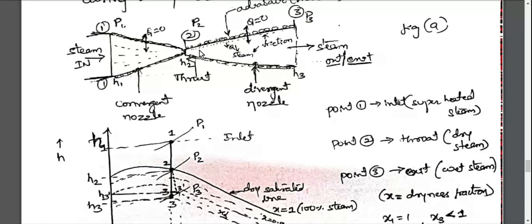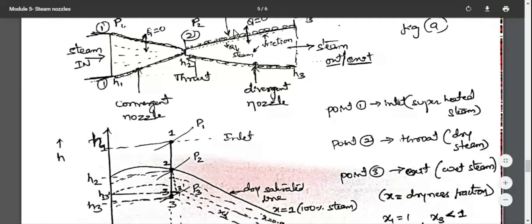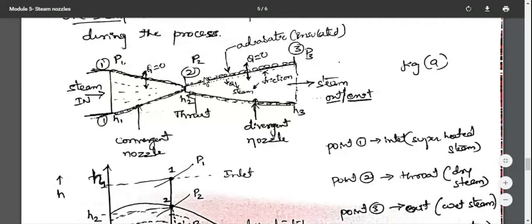This dotted line indicates the steam flow. The friction between this steam and the inside surface of the nozzle generates heat, Q, and this heat will not go outside. There is no question of it going outside because it is insulated. Q is equal to 0.